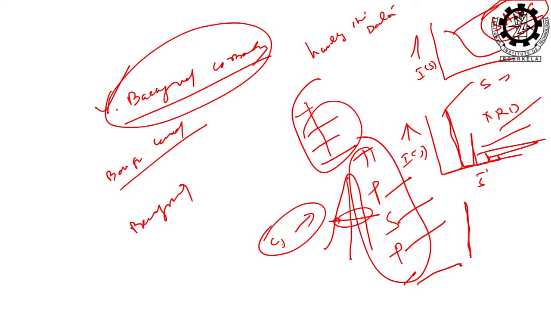You may go for qualitative or quantitative, it does not matter, but first you have to do the background correction. Similarly, for small angle X-ray scattering you also have to do the background. There also there is background scattering.